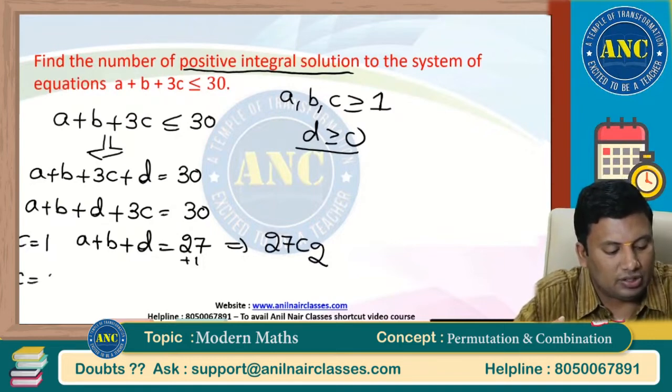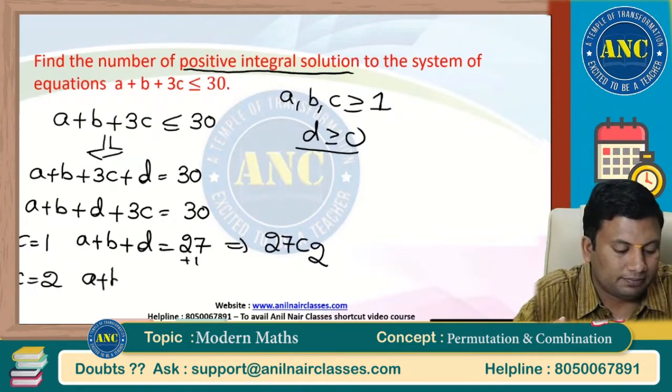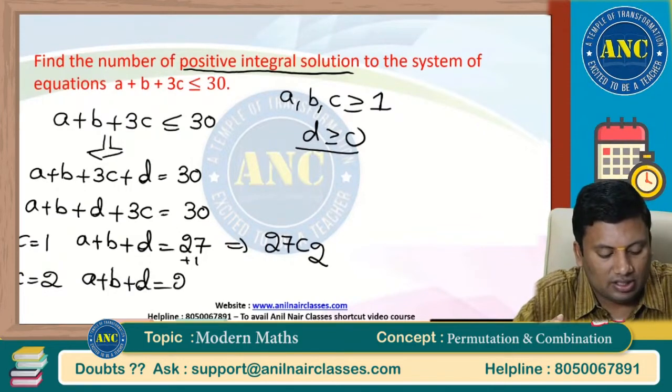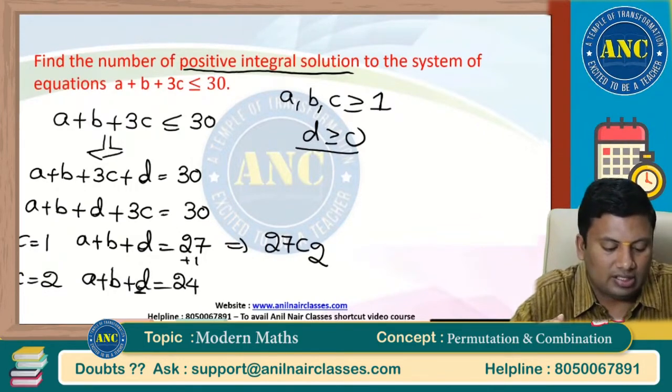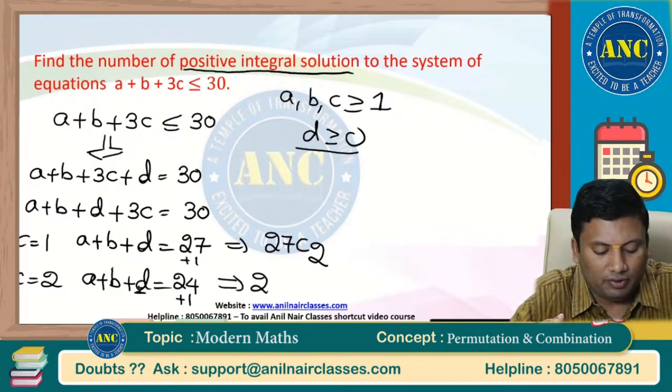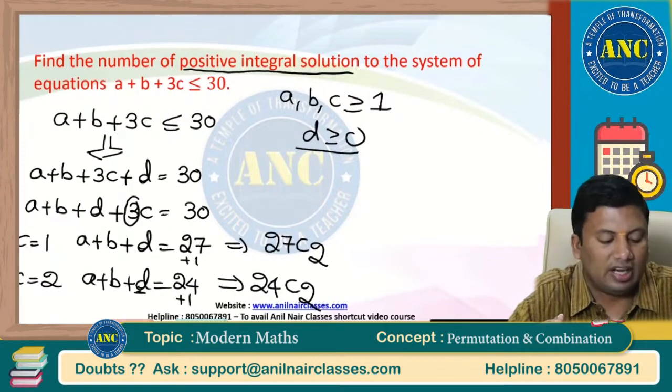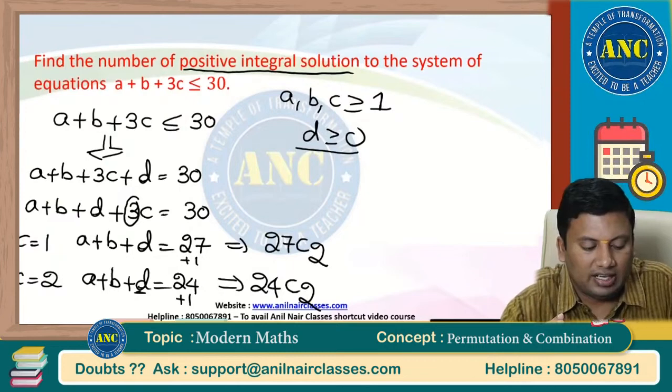If c is 2, then a plus b plus d is 30 minus 6, 24. d is 0, so add 1, 25, which is 24C2. Now the coefficient is 3, so every time there is a decrease of 3.